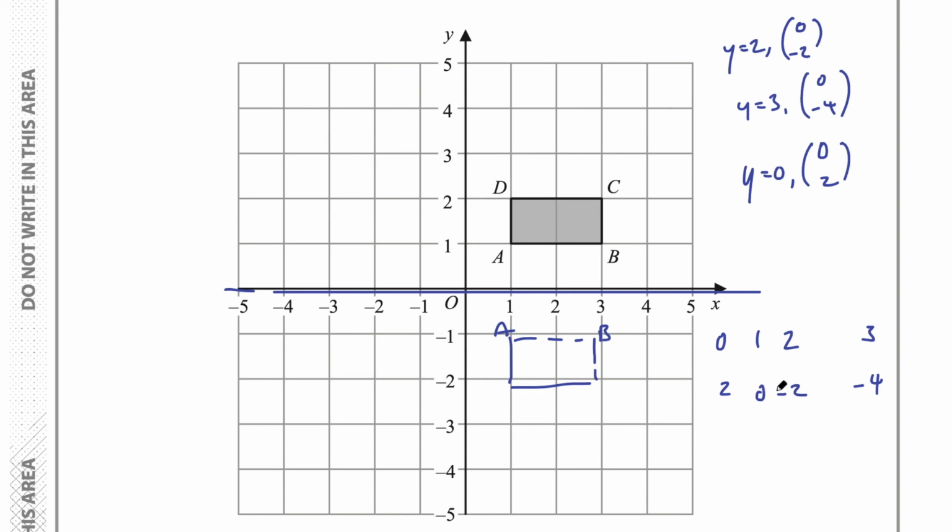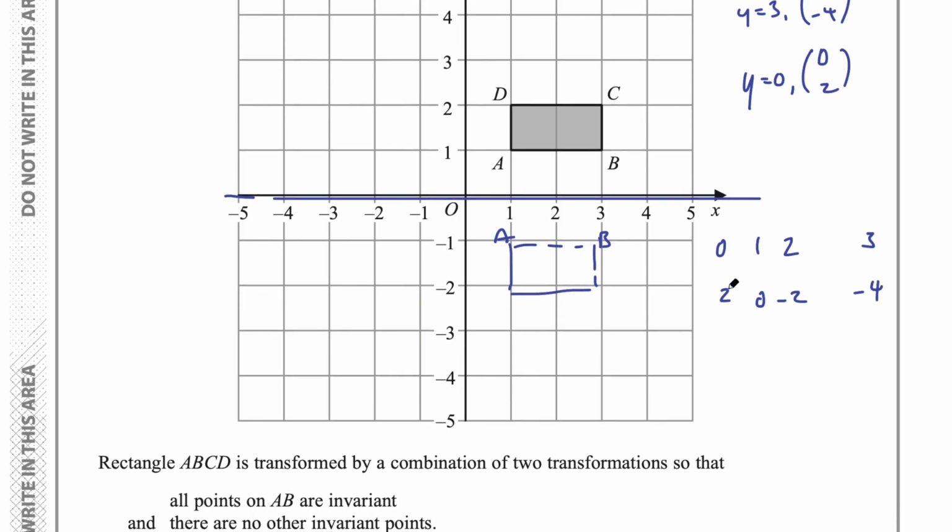So we could represent this like a sequence, and it's going down by 2, right? The difference between these terms is negative 2. So 2 to 0 is negative 2, 0 to minus 2, negative 2. So if we wanted to represent that sequence, it would be negative 2k, whatever k is. The first term is 0, so we'd have to add 2 to it.